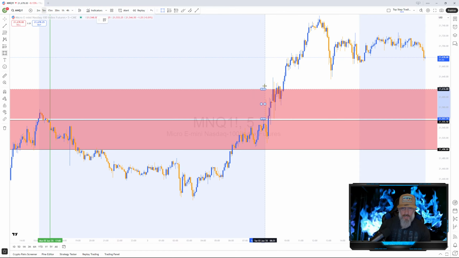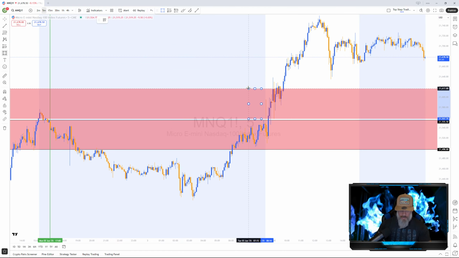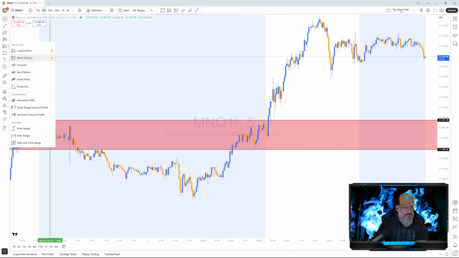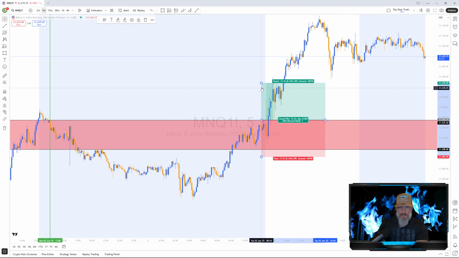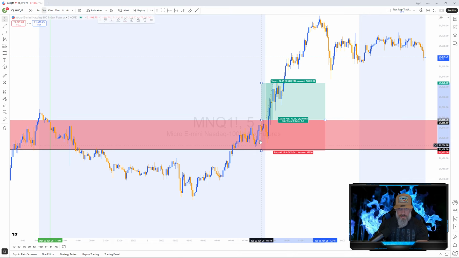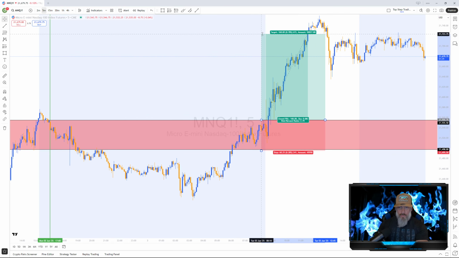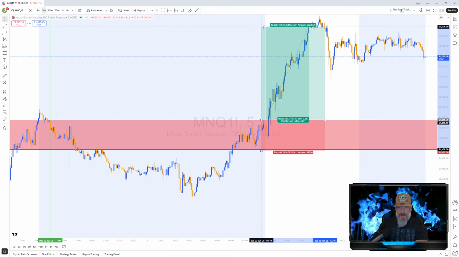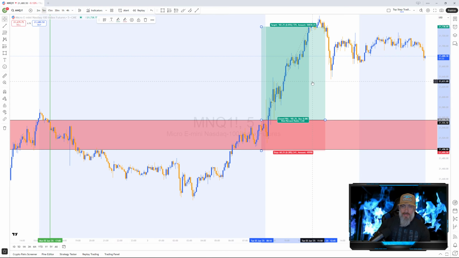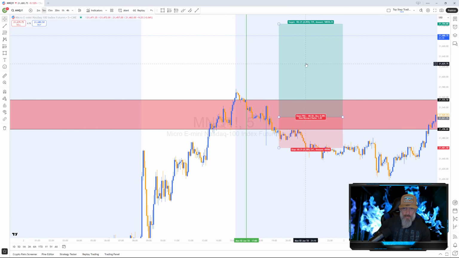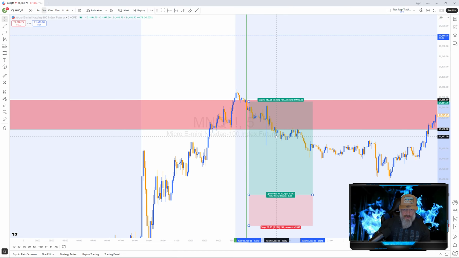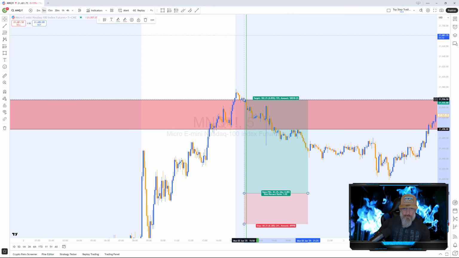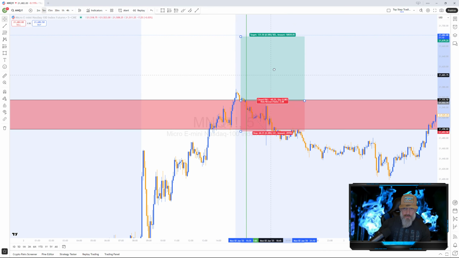Say if you took a long position off here, here's our stop loss, 3-to-1 here. So if you made that but lost this, so you entered here and it got out here, there's your gains.